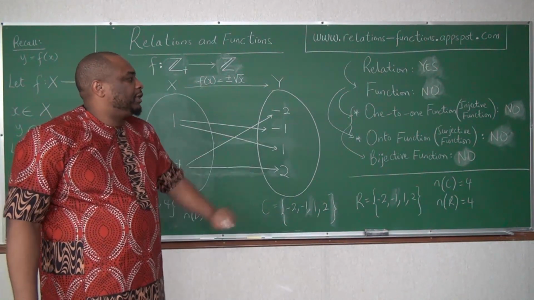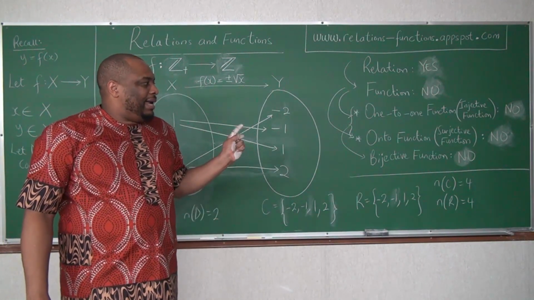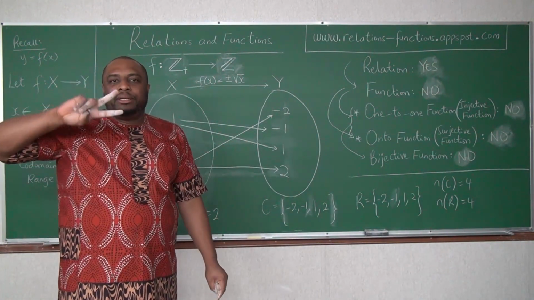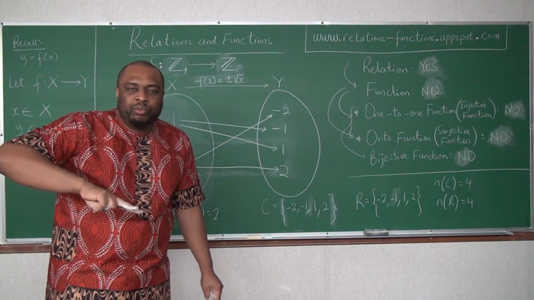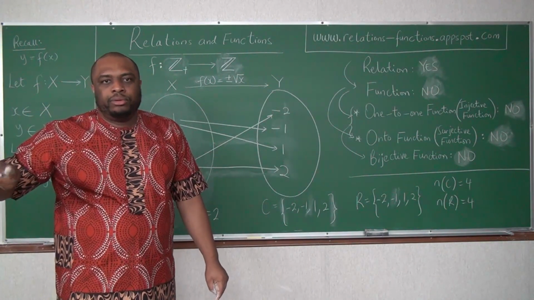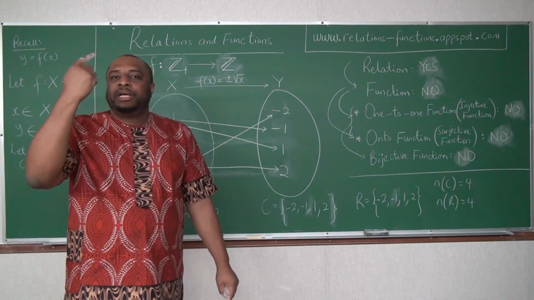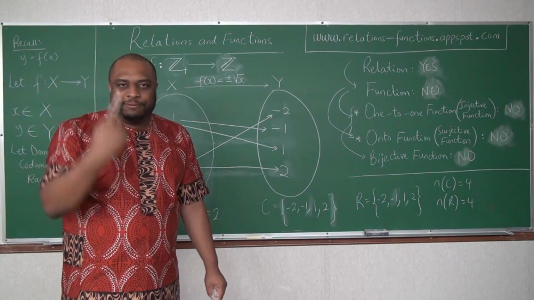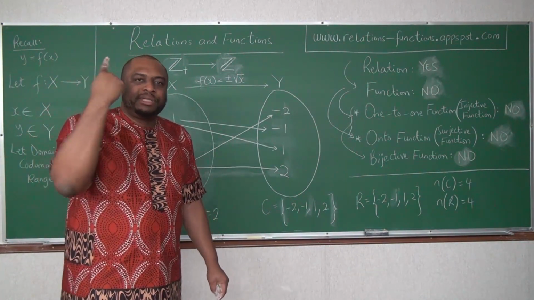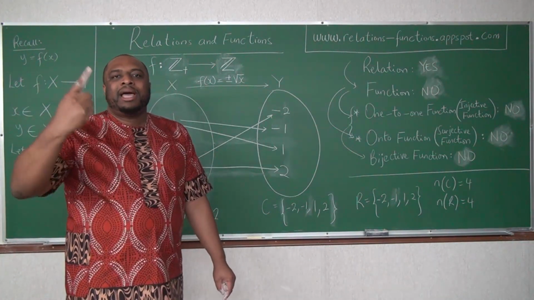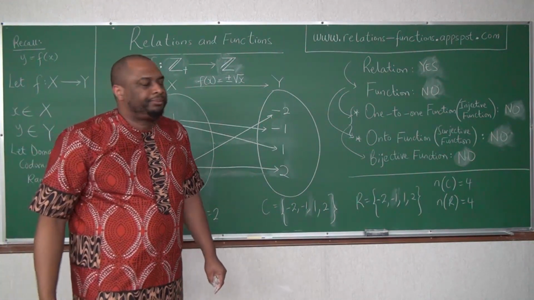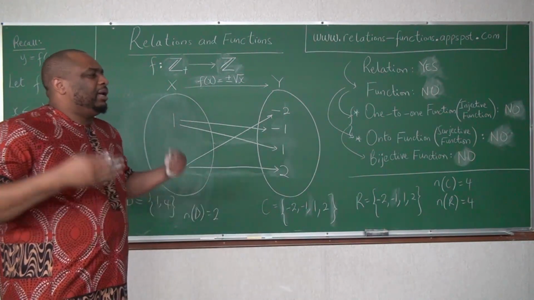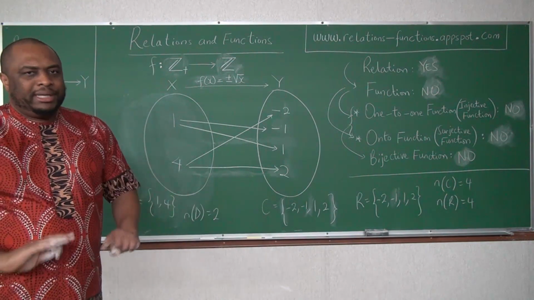That is onto function. And a bijective function is when it is both one-to-one and onto, a function that is both injective and surjective. But we will do examples and you will understand it.